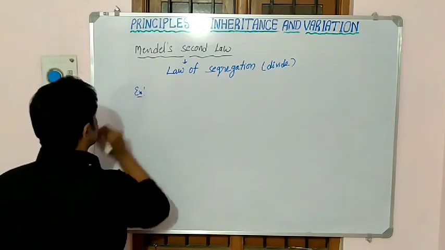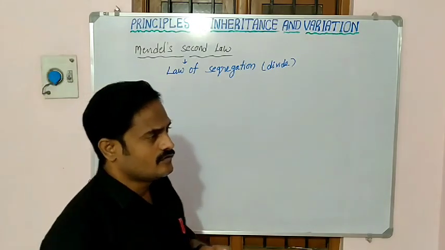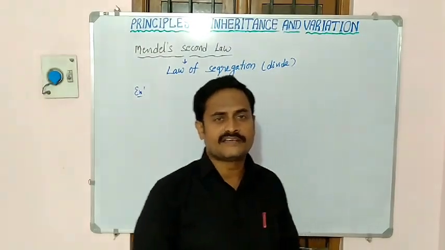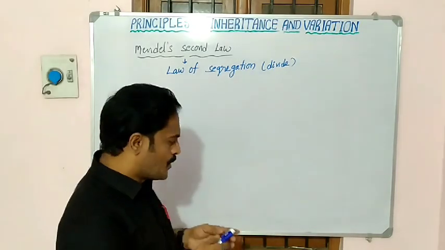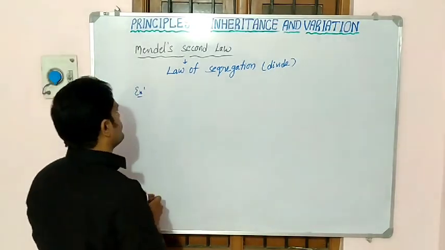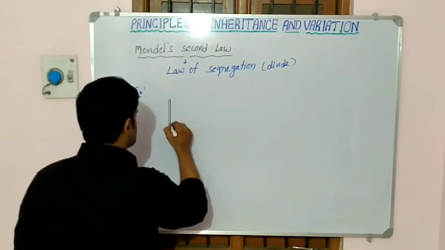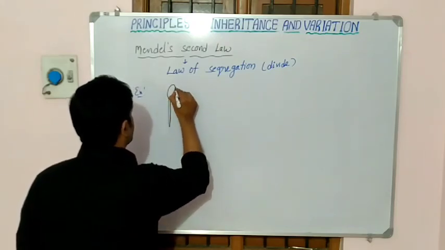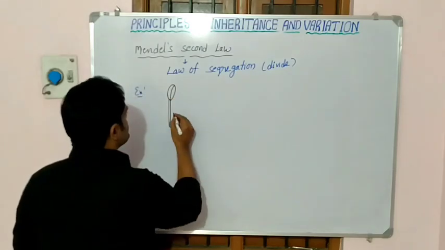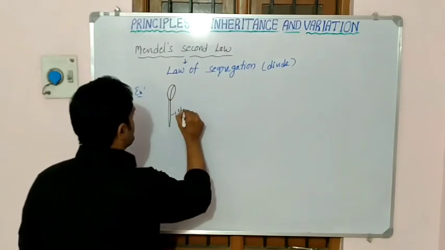If you take one pollen grain, how will the pollen grain form? This is the stamen of the flower.